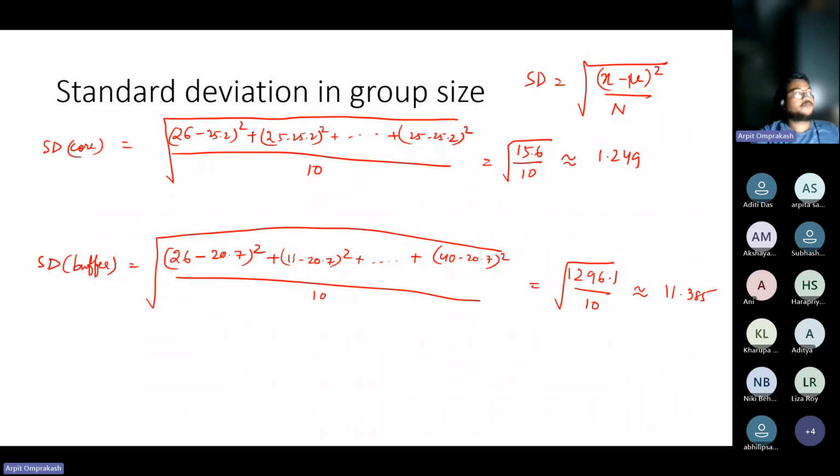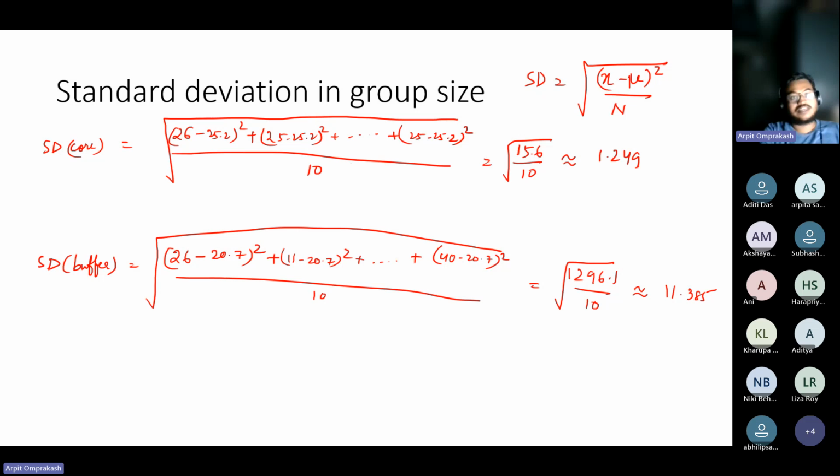Right. Now, the standard deviation tells us, within the samples that we have for the core and the buffer, how the group sizes vary among these samples. The standard error also gets at the same thing.